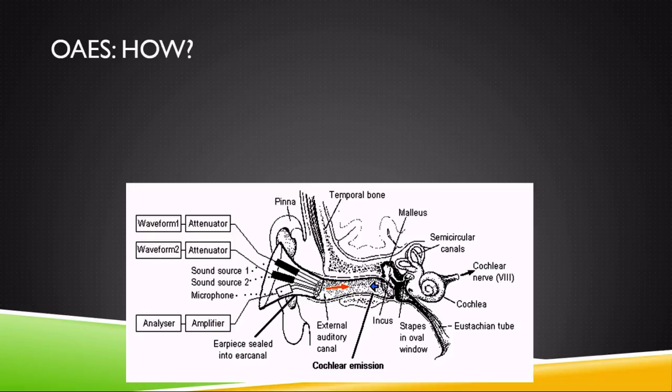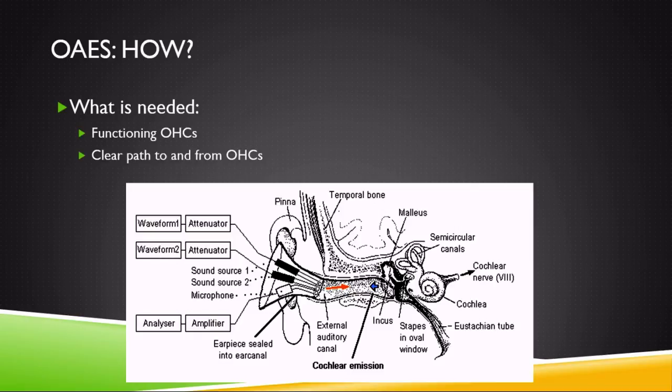What you have to keep in mind here is, obviously, for you to measure an OAE, you need a functioning outer hair cell, but you also need a clear path to and from the outer hair cells, which means a conductive pathology can interfere with otoacoustic emissions.